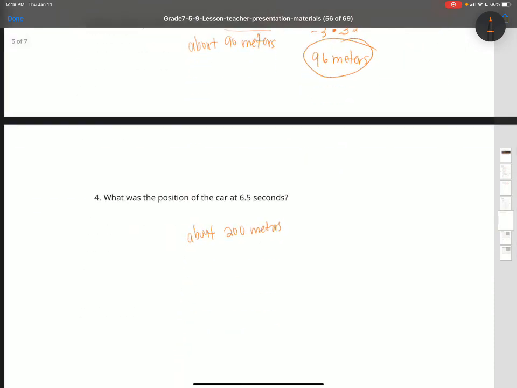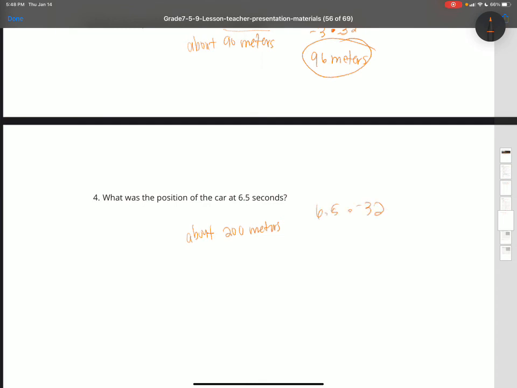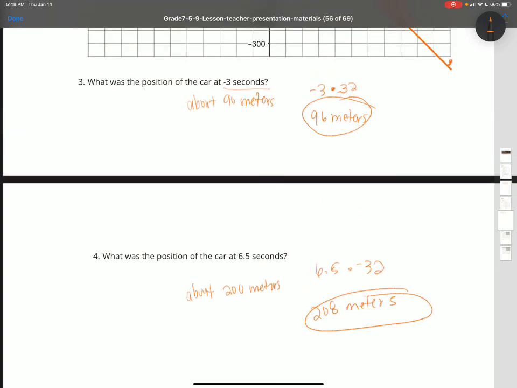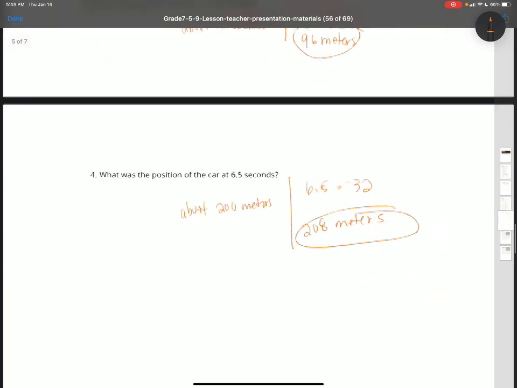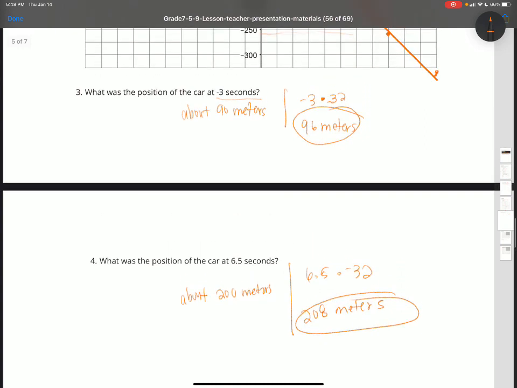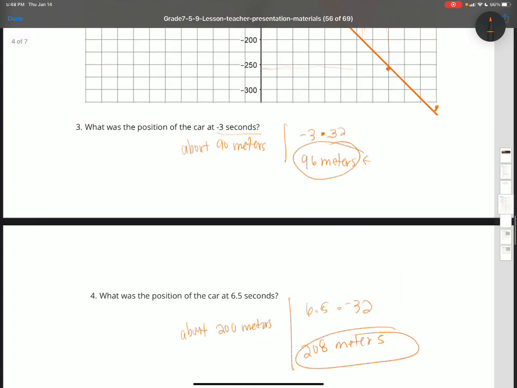For 6.5, times negative 32 would give me 208 meters. So my about answers are using the graph, but my circled answers are me doing the math itself, and these are the exact answers.